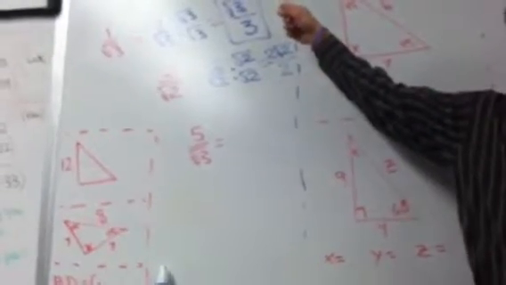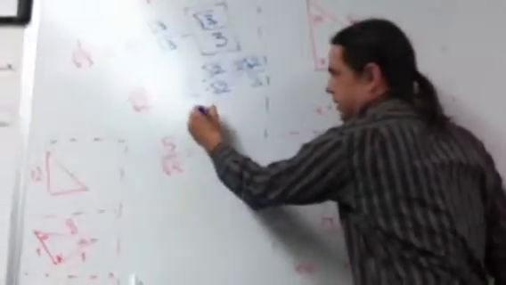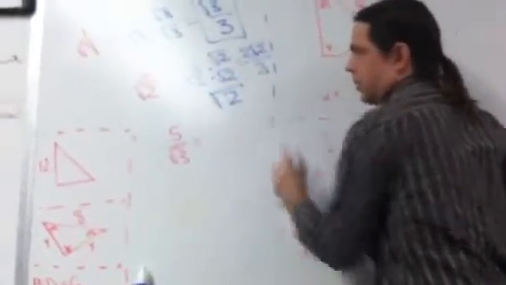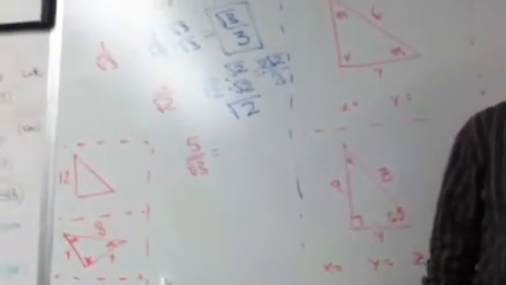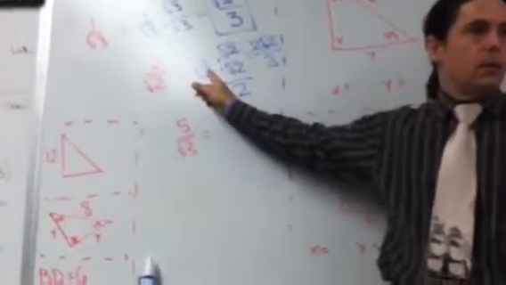Can I reduce this? Yes. See, I have a 2 in the numerator and a 2 in the denominator. So the final answer is just the square root of 2. Cool. Pay attention. I took the original.